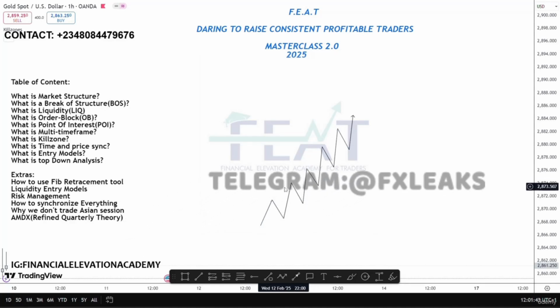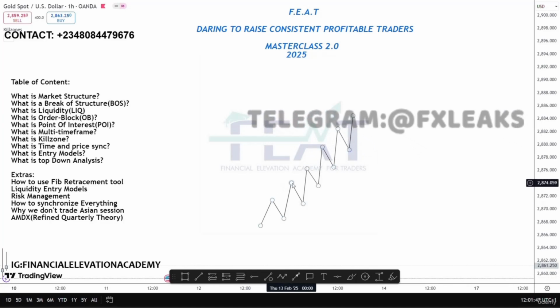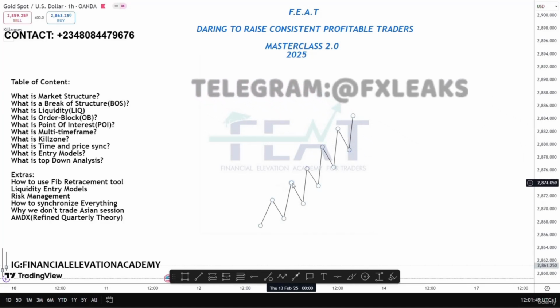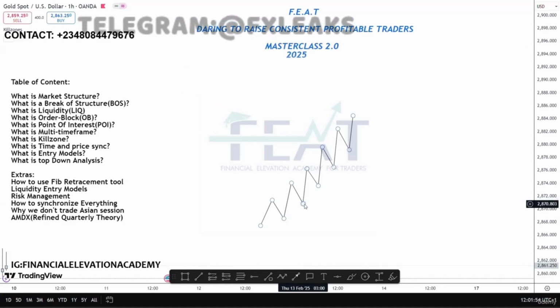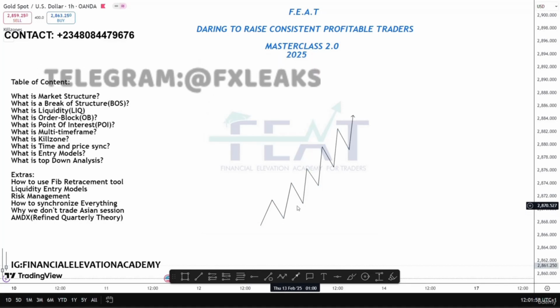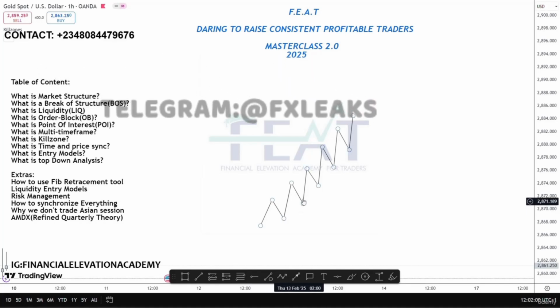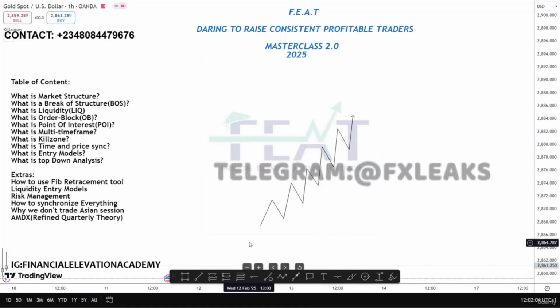Is because it took out the previous high and created a new high. Now it's created what? A higher low. Why is it called a higher low? Because this low is higher than the previous low, right?